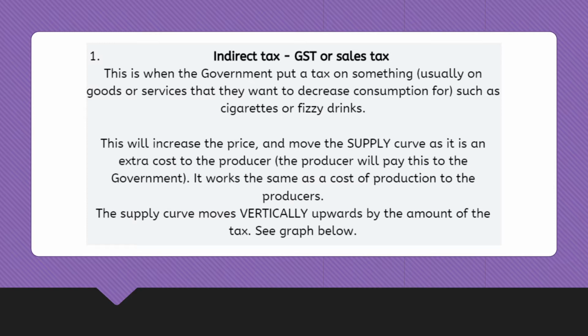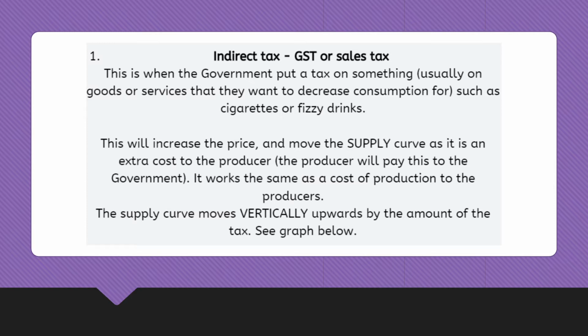So the tax is going to increase the price, and it will move the supply curve, as it is an extra cost to the producer, because the producer will pay a part of that to the government. So it works the same as a cost of production to producers.